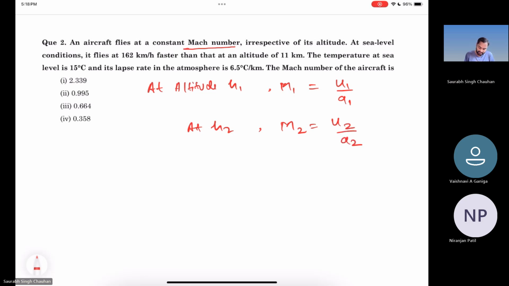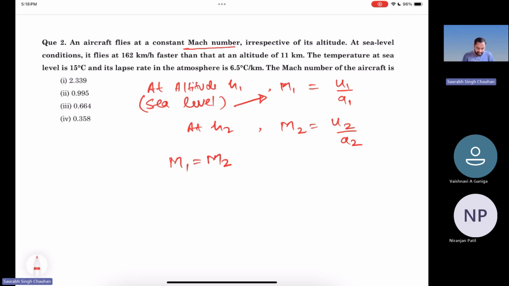Let us say sea level is our H1. And Mach number is constant irrespective of altitude. So M1 is equal to M2. This is given.